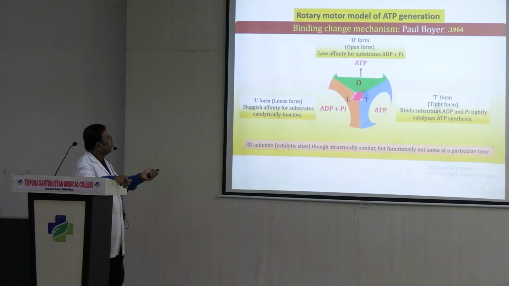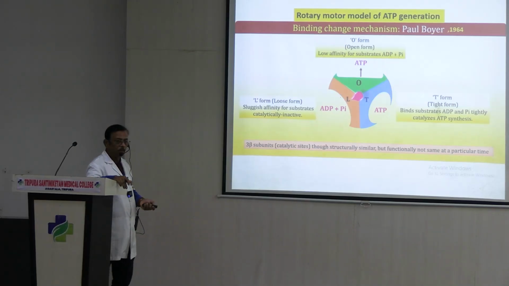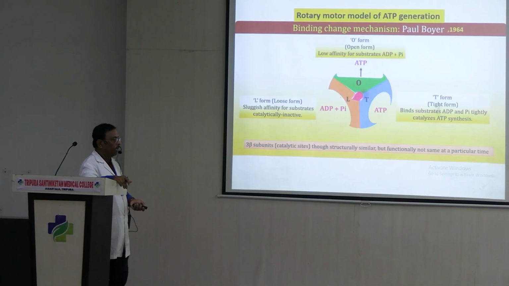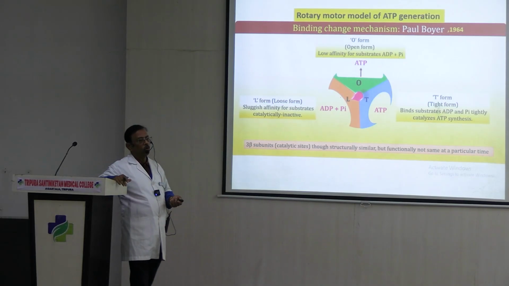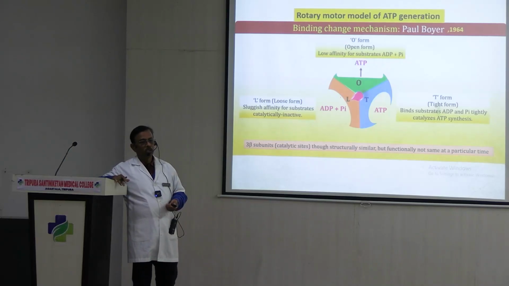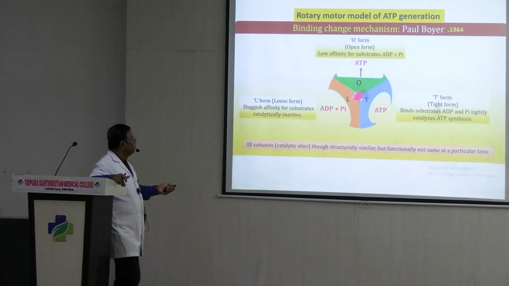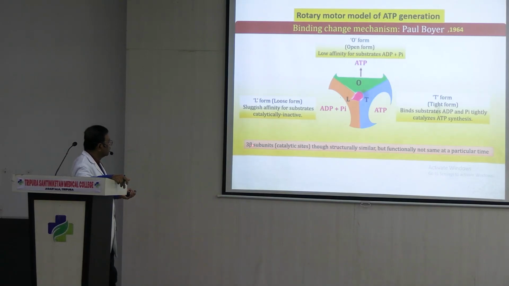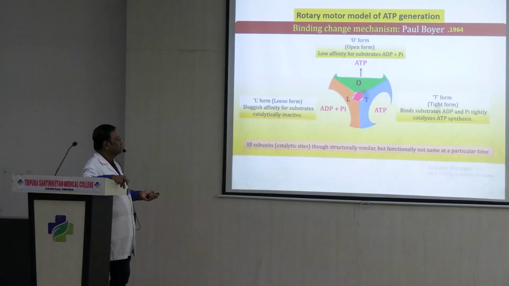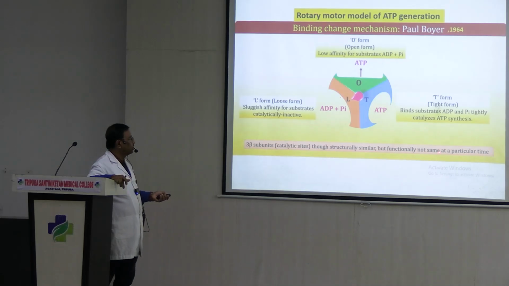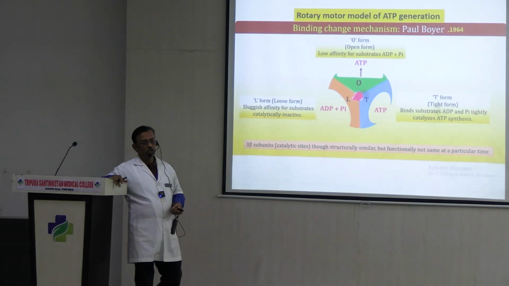Means, in a given time, 1 beta subunit will be in O form, another will be in L form, and another will be in T form. So there will not be overlapping of these conformational change. Okay. So 3 beta subunits, though structurally similar but functionally not same at a particular time.